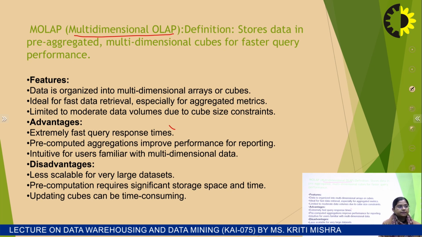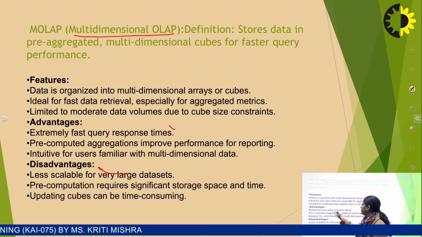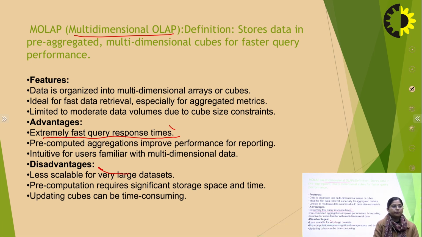It is ideal for fast data retrieval, especially for aggregate metrics. It is limited to moderate data volume due to cube size constraints. What are the advantages? Extremely fast query response time, pre-computed aggregation improves performance for reporting, and it is intuitive for users familiar with multidimensional data.